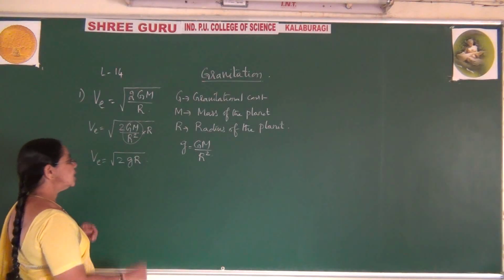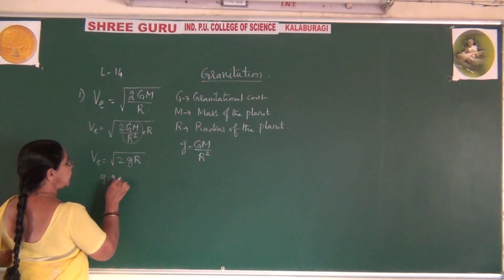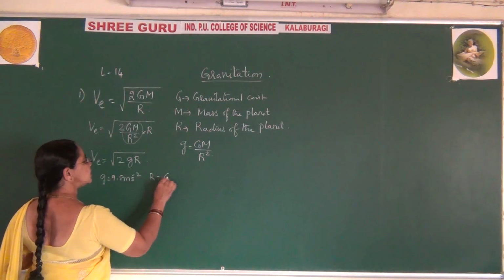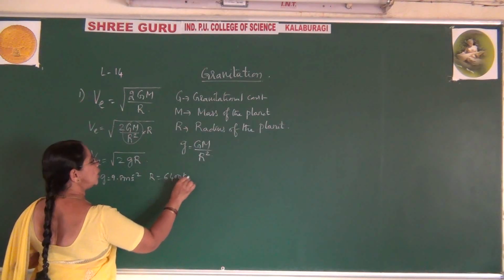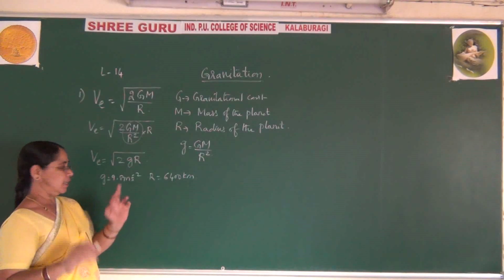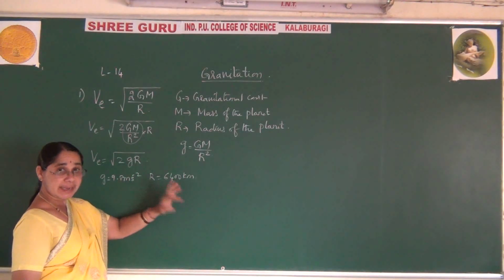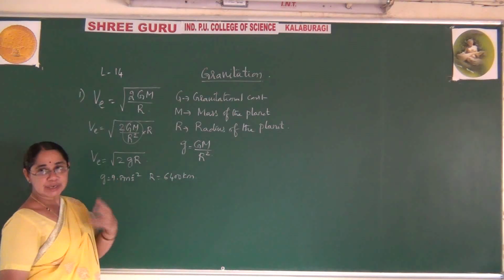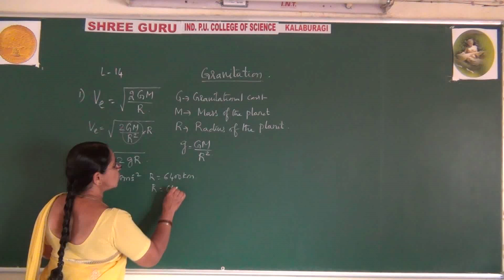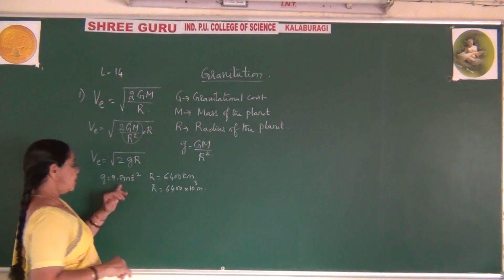So if you use g equal to 9.8 meters per second square and R equal to 6,400 kilometers, you have to convert units. Here it is meters per second square, so convert 6,400 kilometers into meters: R is equal to 6,400 into 10 raised to 3 meters.